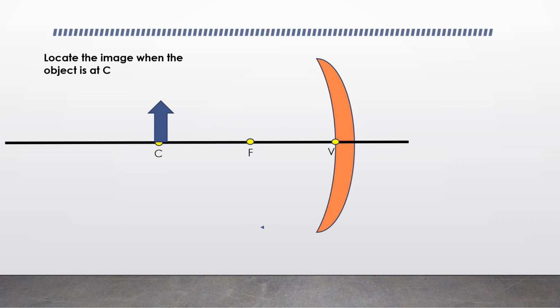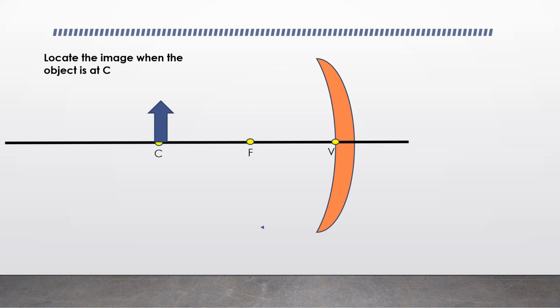Next example. What if the object is located at C? How will you draw the diagram? Okay. Apply the P to F and F to P ray.